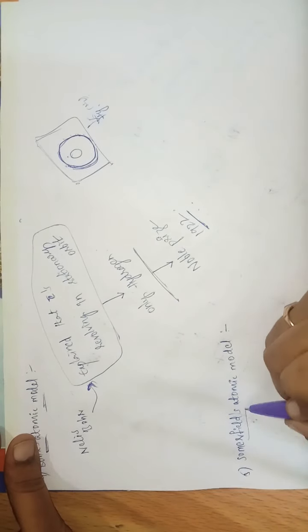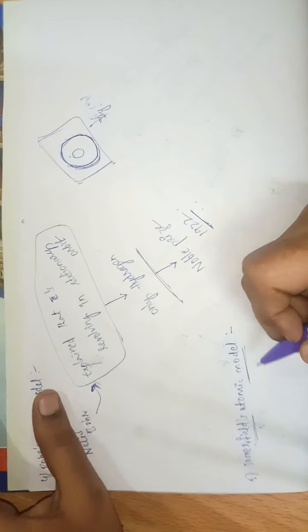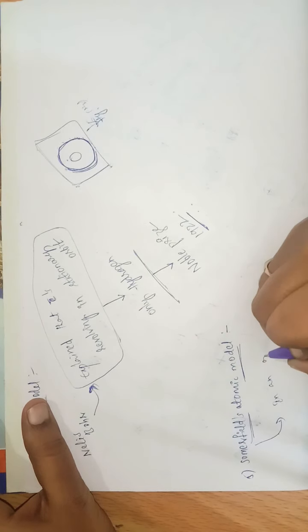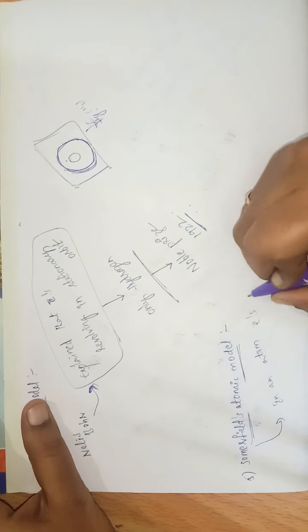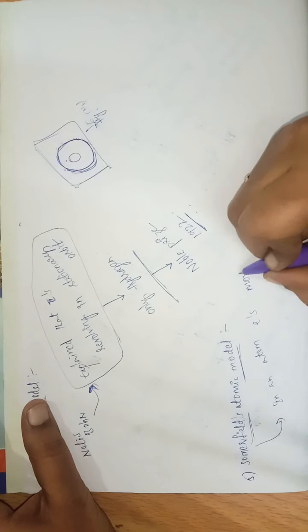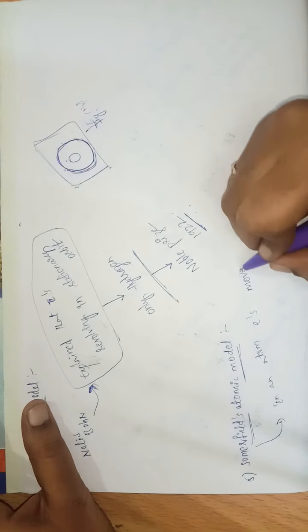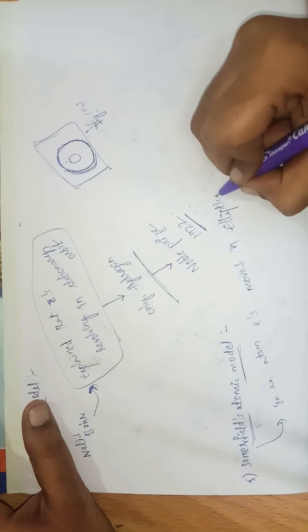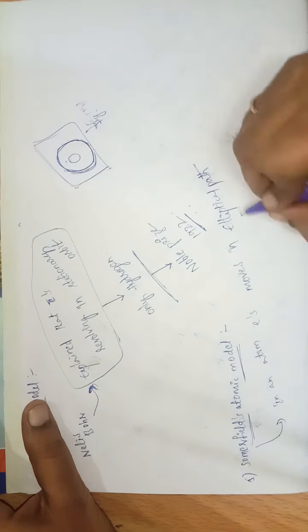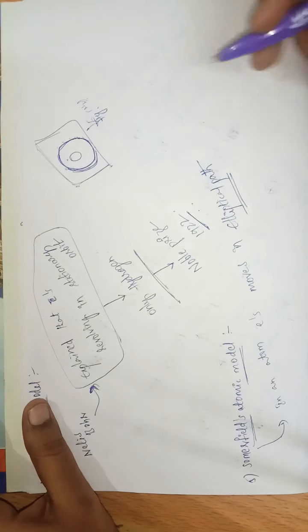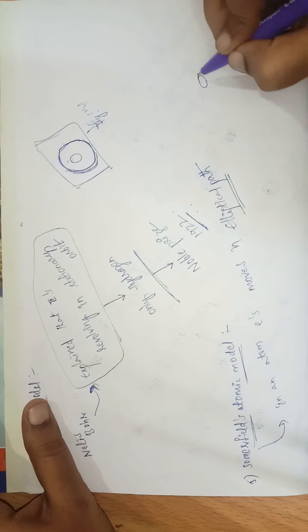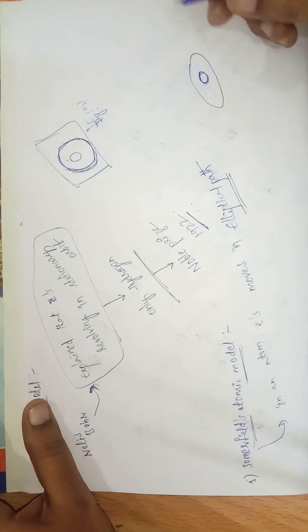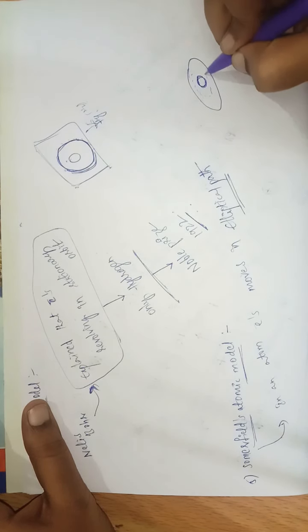Fifth one is Sommerfeld's atomic model. He explained that in an atom, electrons move in elliptical paths.